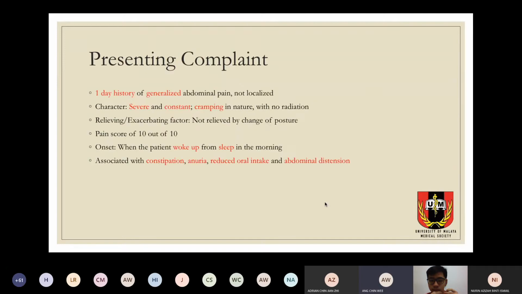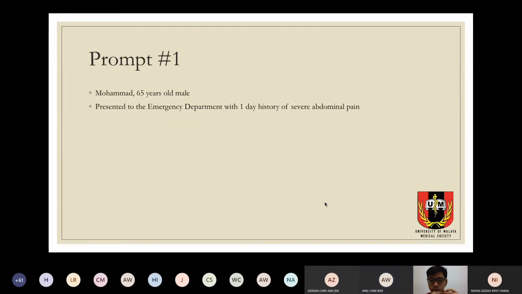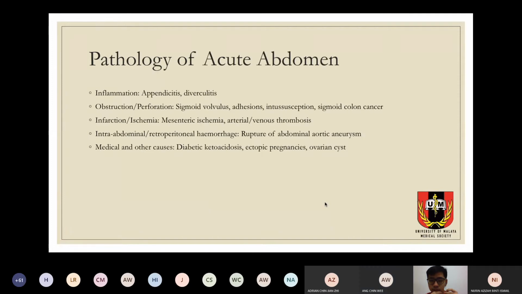Doctor, you mentioned the list, right? Noreen, can you go back two slides? Is it okay if we have all these things in our mind ready to talk about? Yes, correct. You've got to have those differentials in your mind. For example, let's say sigmoid volvulus.